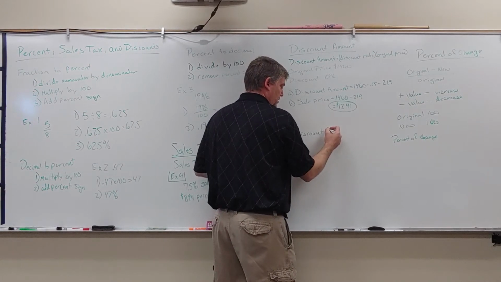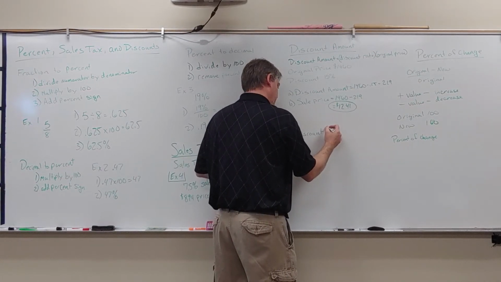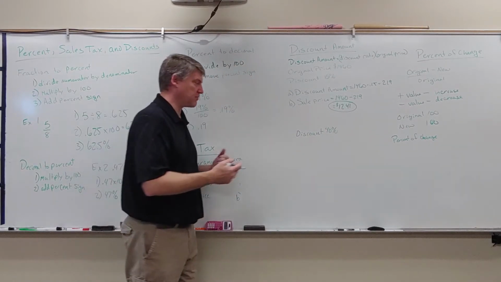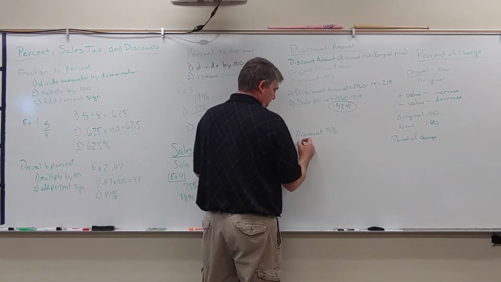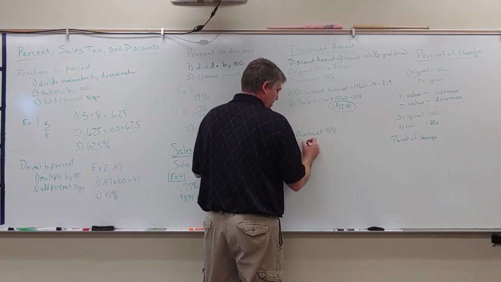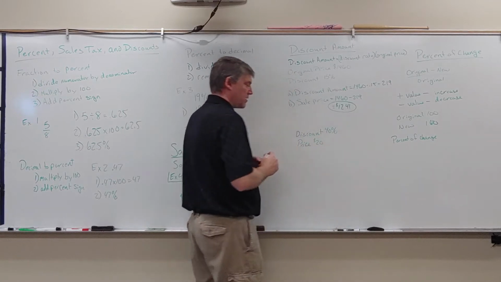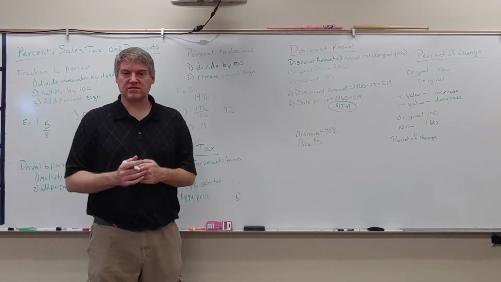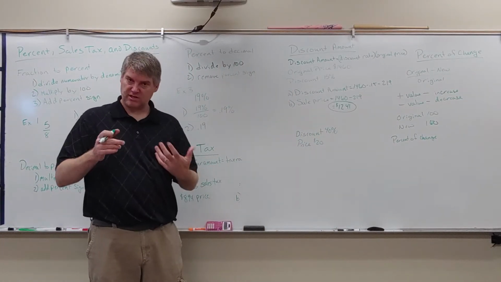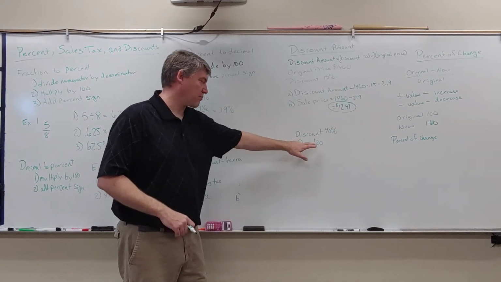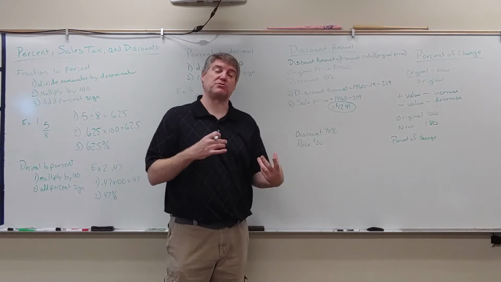Let's do 40%. Okay. So if my discount is 40%, we're going to pick a nice easy number. Let's say my price was $20. All right. Now this is pretty straightforward, pretty simple. We could do it just like up here. We could take our price times our discount amount and then subtract that.